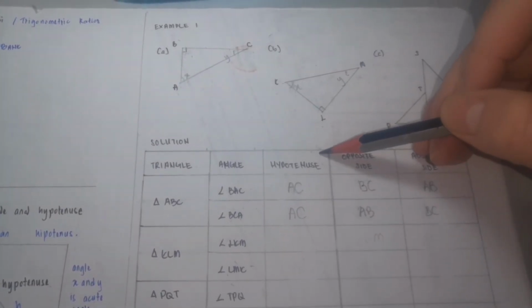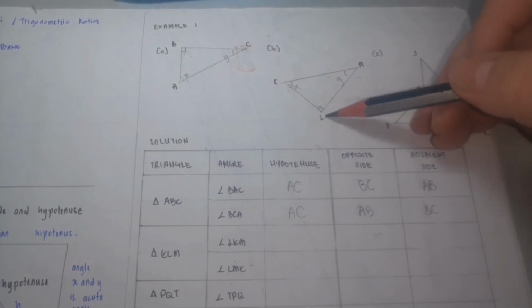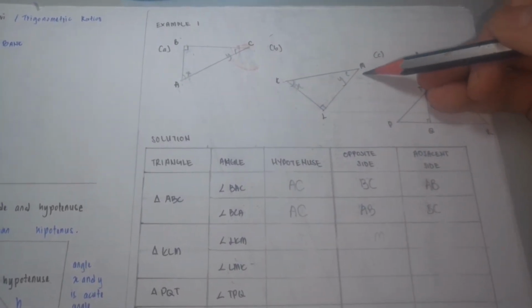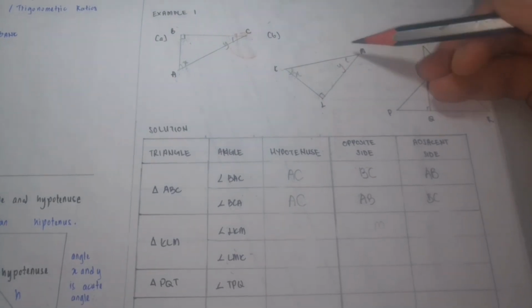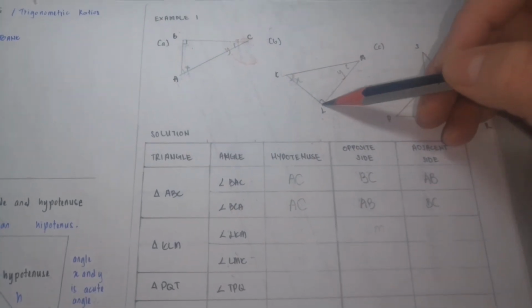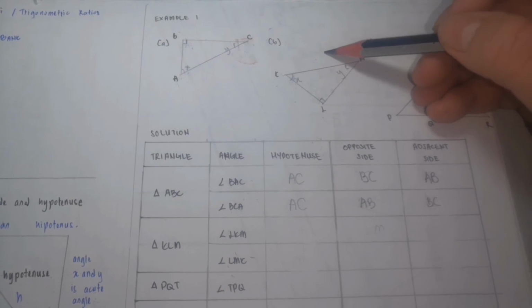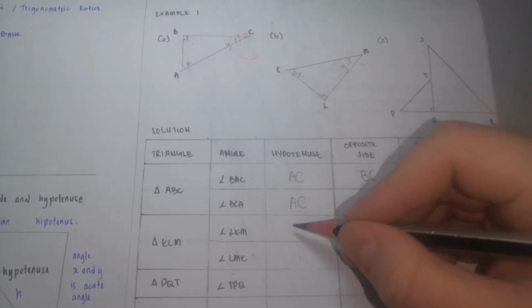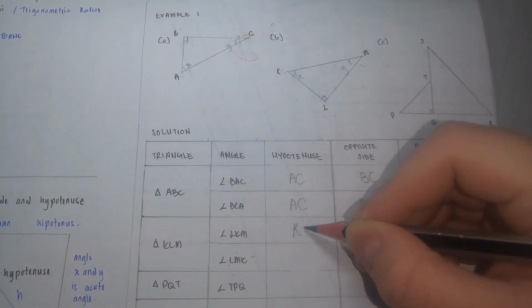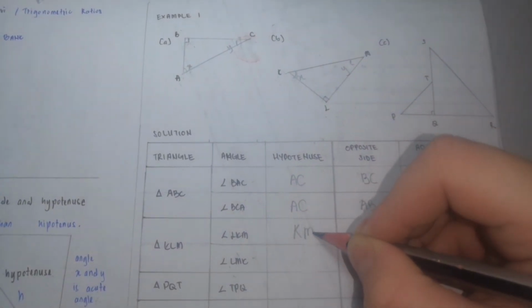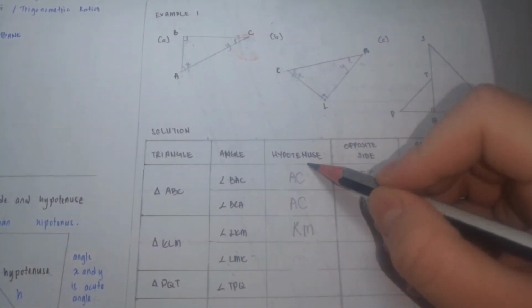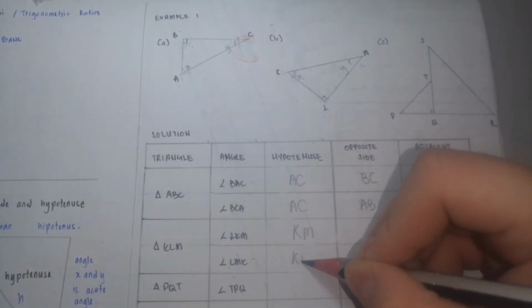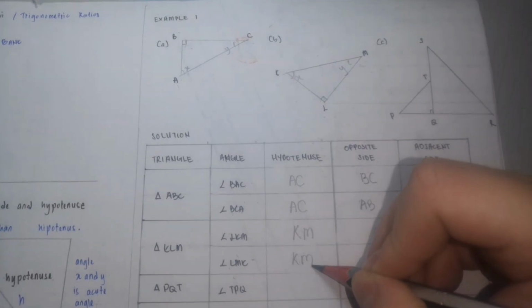The hypotenuse is always opposite the 90 degrees and is the longest line. So, the line opposite 90 degrees is KM. Great job. And the hypotenuse never changes, so the answer here is also KM. Great job.